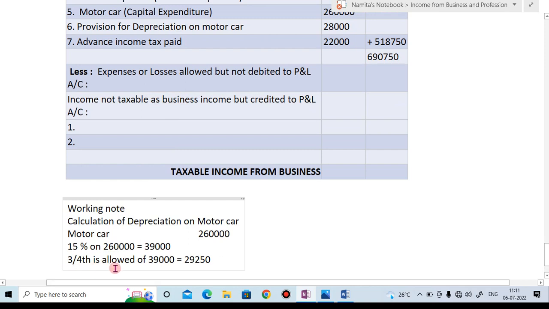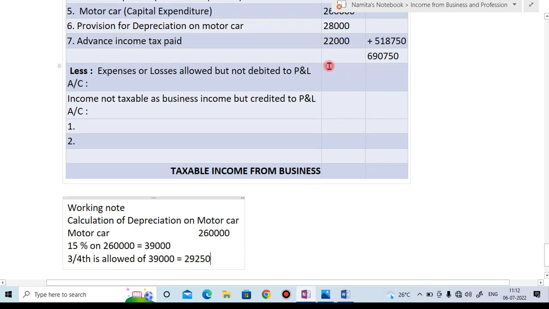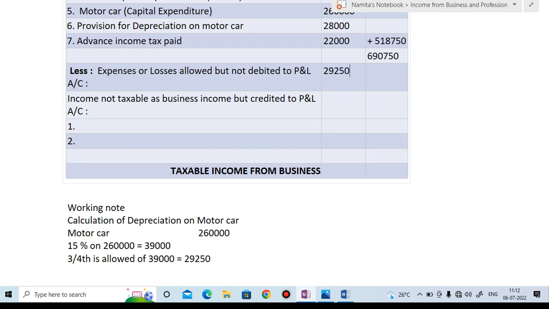So 3/4 of 39,000: 39,000 multiplied by 3 divided by 4, we will get 29,250. So 29,250 is the allowable expense for the business, that is, 15% depreciation on motor car.